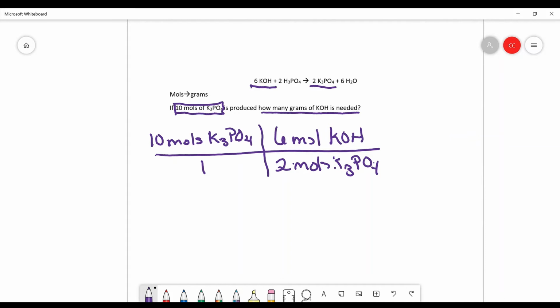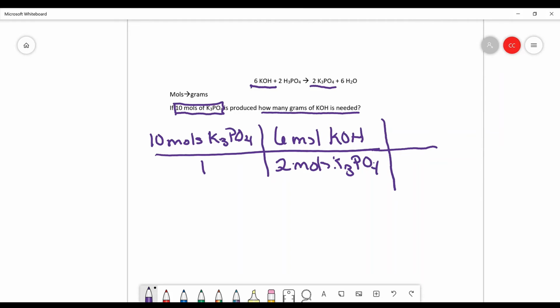So now we've converted to the moles that we need in this step. Now we're going to add another step, converting the moles of KOH to grams of KOH.